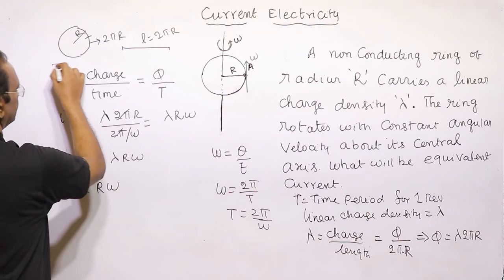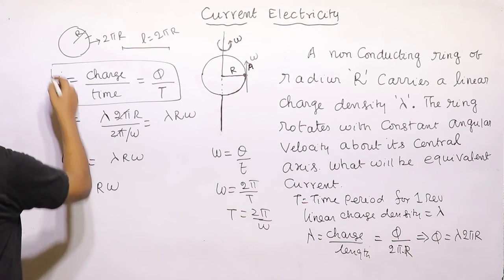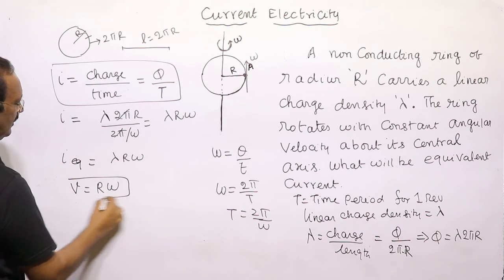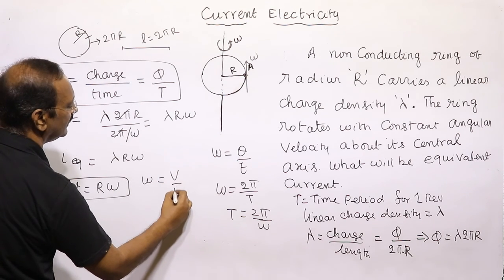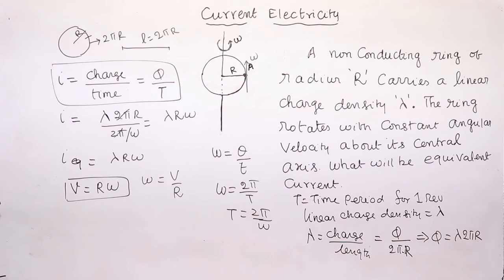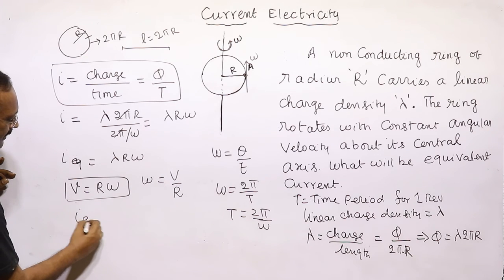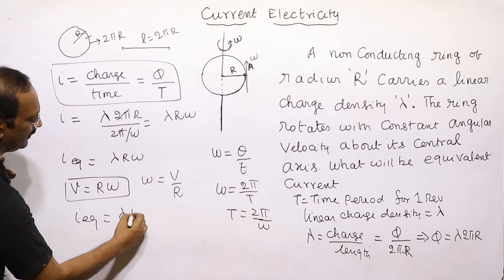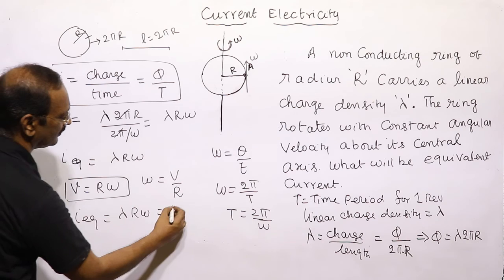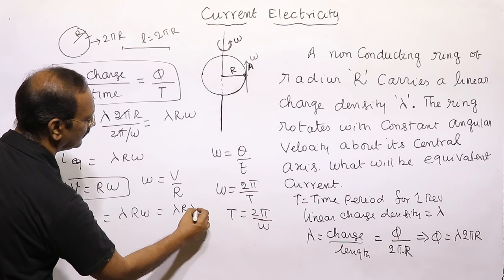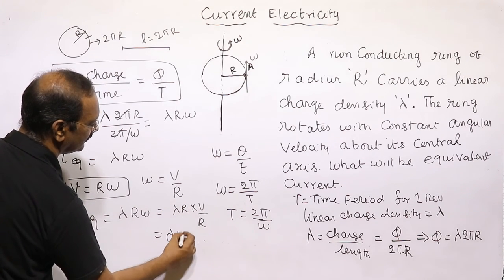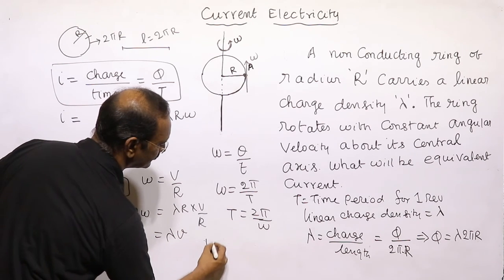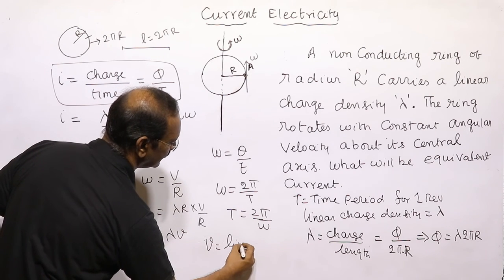Using this relation, v is equal to r omega. So I equivalent is equal to lambda into r omega, which is lambda into v, where v is the linear velocity.